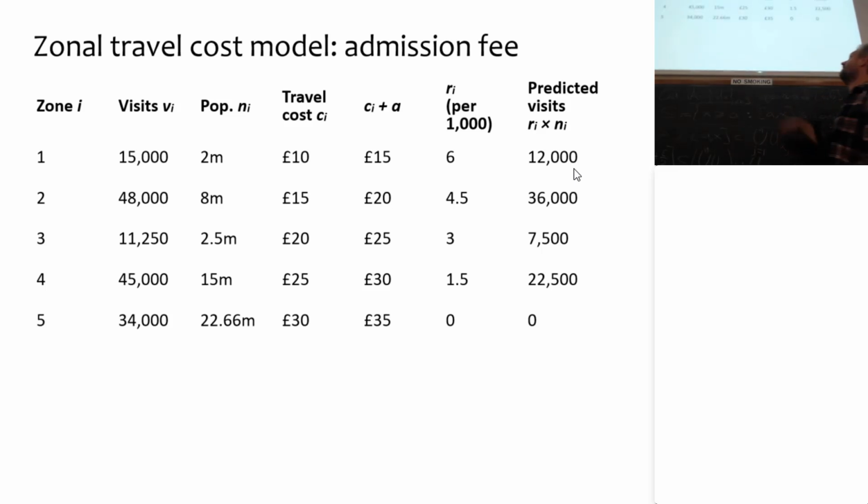And then essentially what you need to do is to the travel cost, you need to add the entrance fee, £5, and then you use your statistical model that you estimated on the first bit of data to predict how the visit rate would change and how the visit numbers would change, right, by multiplying the rate by the number of people. Now what you see, if the price goes from 30 to 35, 34,000 visitors from zone 5 would drop to 0. And from zone 1, the number of visitors would drop from 15,000 to 12,000, right?